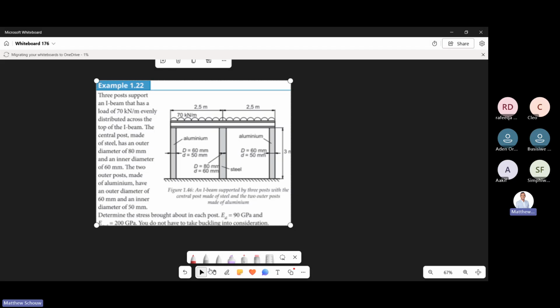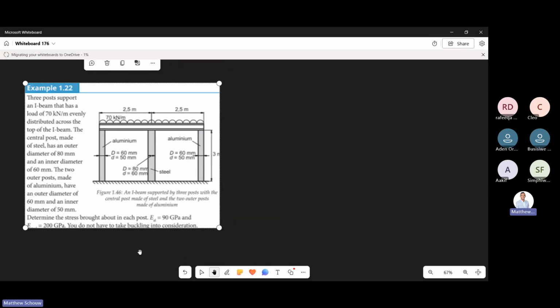So thinking about that, what arrangement do you think this is? Is it series or parallel? It's parallel. Exactly. Why is it parallel? You have to substantiate, you know.